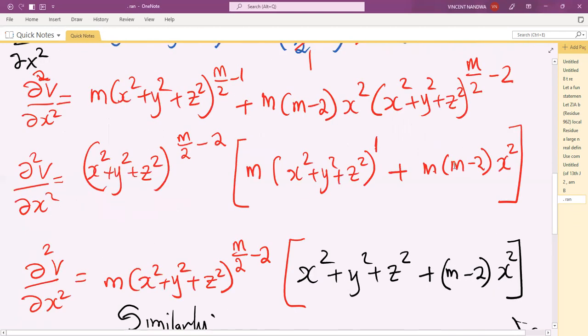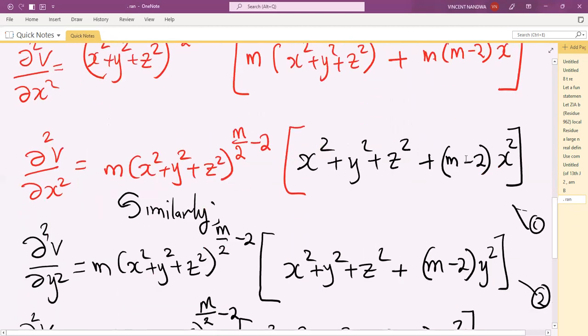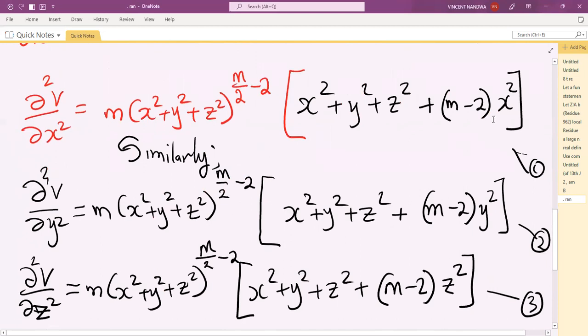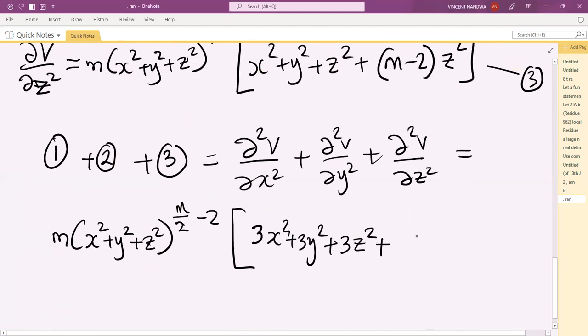Now here also, m − 2 is common, and then x², y², z². So I can write (m − 2) times x² + y² + z².